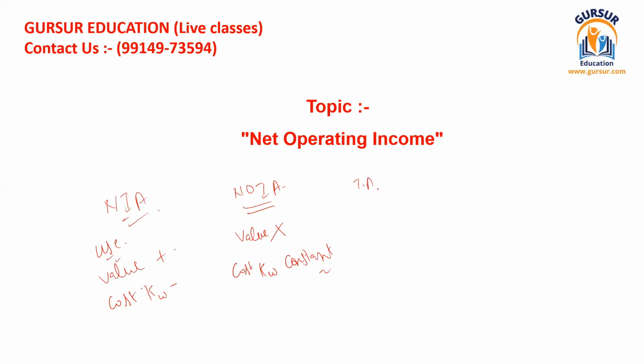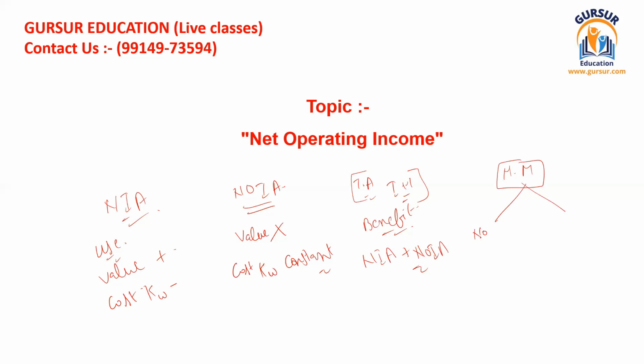Then there is the traditional approach, which is also known as the intermediary approach. That tells you that employment of debt capital benefits you up to a certain level, and after that level the cost of equity starts rising. So the traditional or intermediary approach is the sum of the net income approach and the net operating income approach. And the last case is Modigliani and Miller's hypothesis, which can further be bifurcated into two parts.